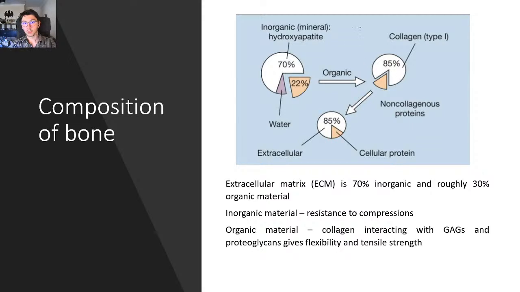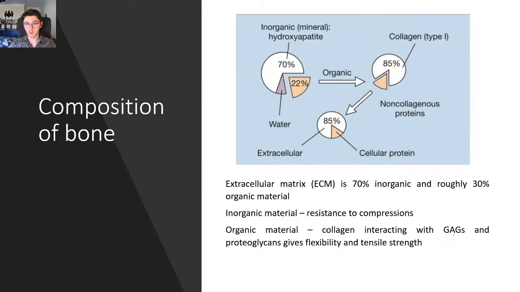Now, the collagen that they use in bones is always collagen type 1, which is the majority of the organic material. And basically what the collagen ensures is that it's very tensile, it's very strong, but it's also flexible, right? And this collagen interacts with other non-collagenous proteins, which are called glycosaminoglycans and proteoglycans.